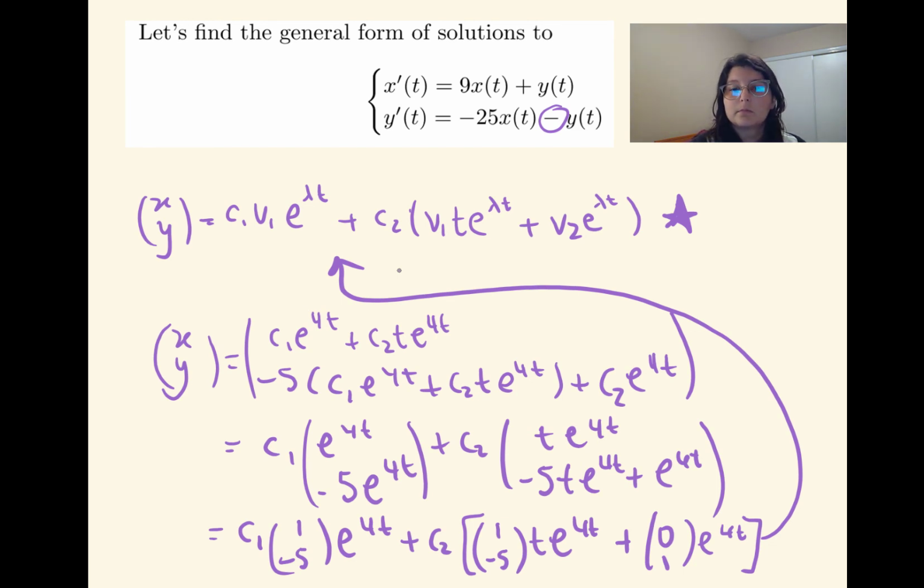So, to summarize, we proved the formula, equation star, by using linear algebra. We find the canonical form of A. We find the matrix involved in the transformation to the canonical form of A, and that matrix gives us the transformation we need to apply to the solution of a simpler system in order to compute lowercase x and lowercase y.